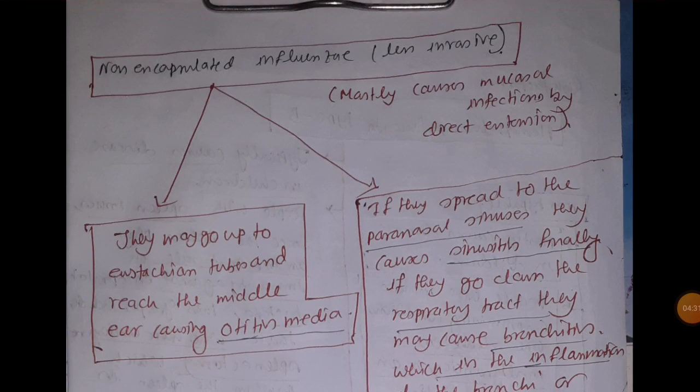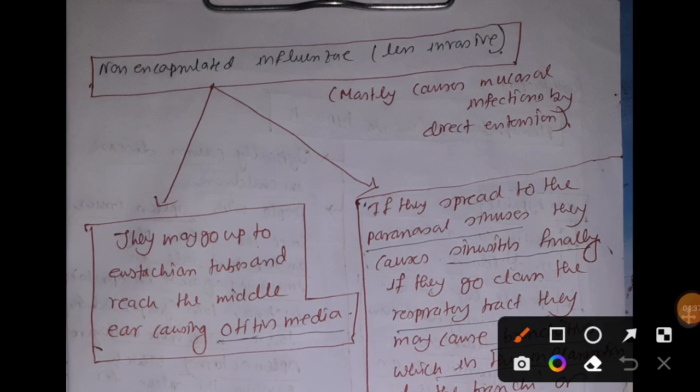So that means here three complications can be caused by non-encapsulated influenzae, right? It causes otitis media by going up the eustachian tube to the middle ear, it can spread to the paranasal sinus where it causes sinusitis, and it can go down to the respiratory tract where it can cause bronchitis and pneumonia. So that is the idea.